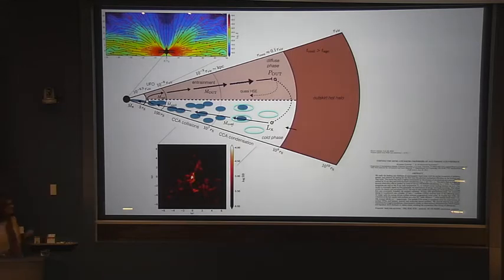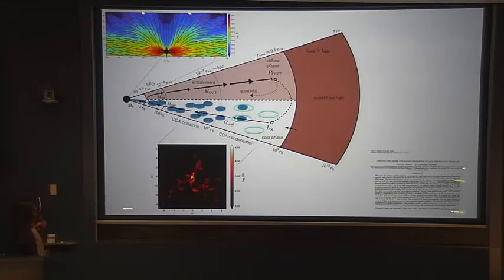This is my final slide. There's a slightly different model. The details are different, but by and large it's the same, except that this is in the context of chaotic accretion of clumps, right? Clump chaotic accretion is what CCA is here.